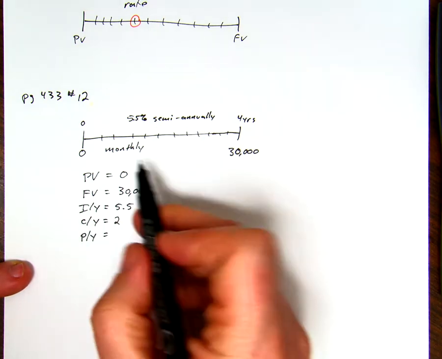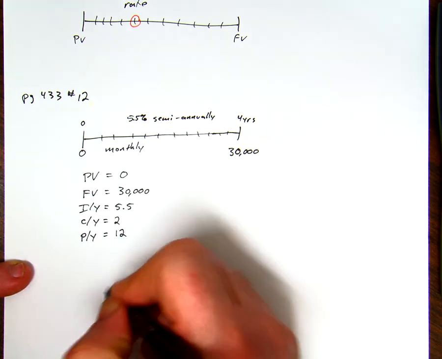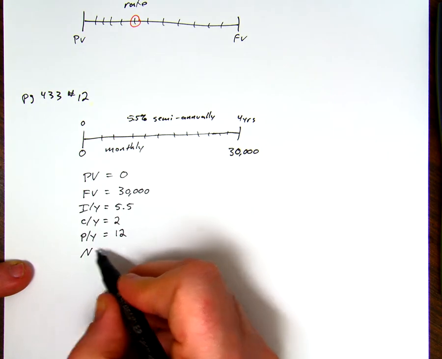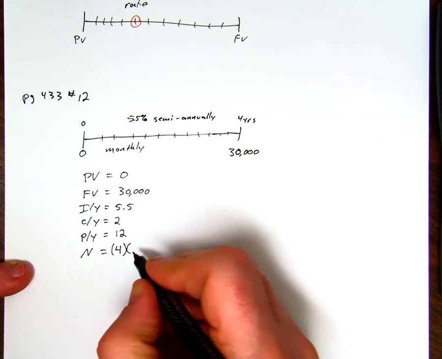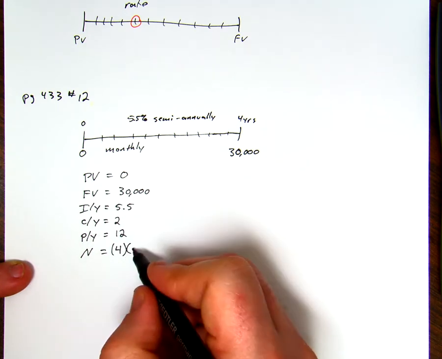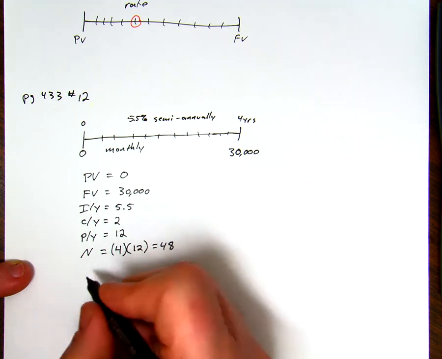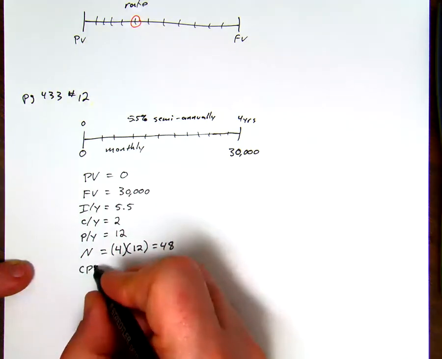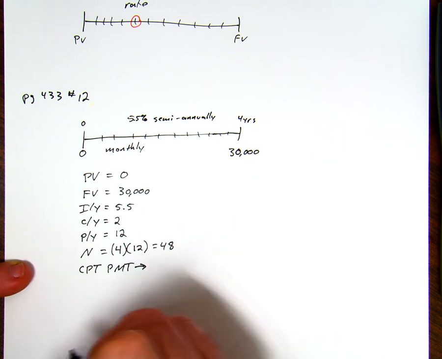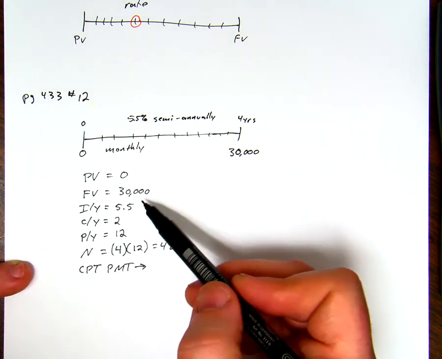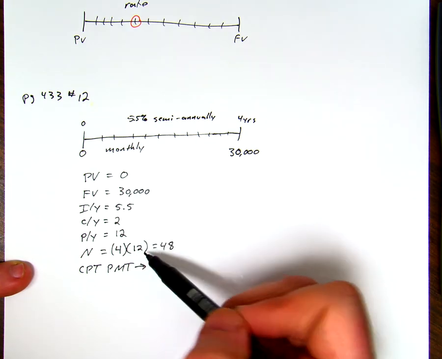Payments per year, which is monthly, so 12. And N, the number of years, 4, times the payments per year, 12, so that's 48. And we're going to compute the payment this time. We're going to find out what payments are required to take $0 to $30,000 over 4 years.